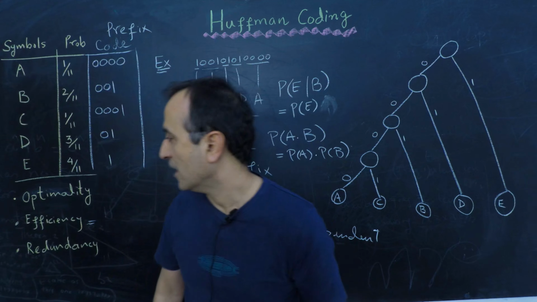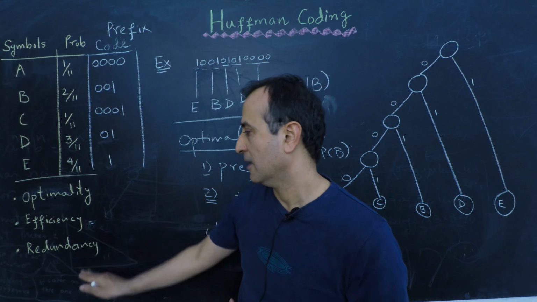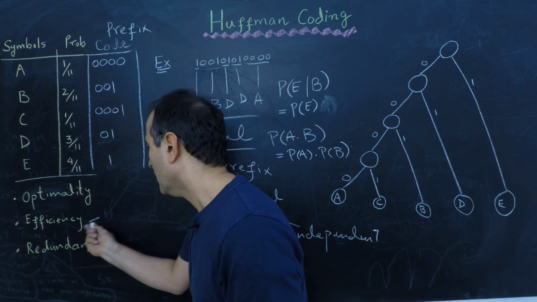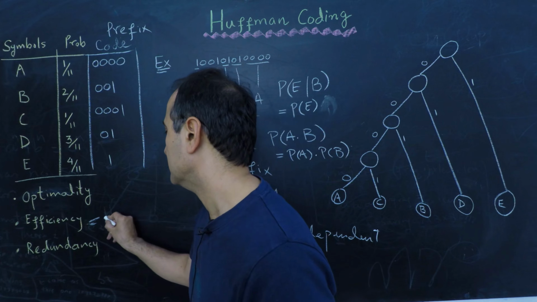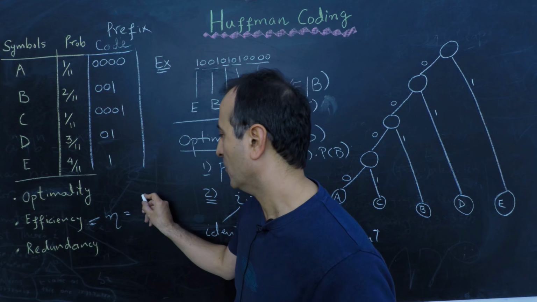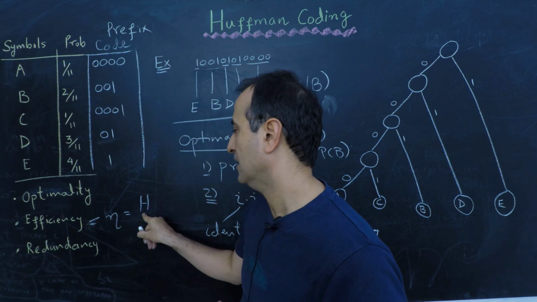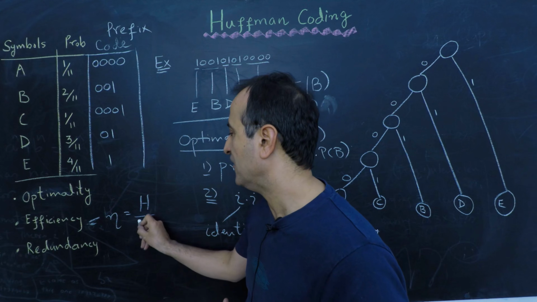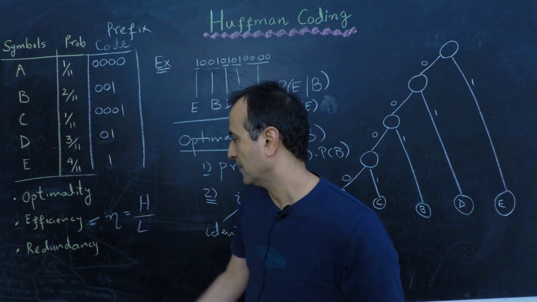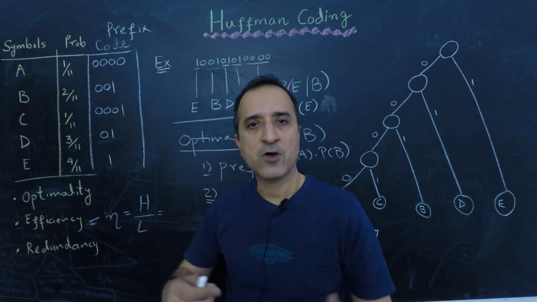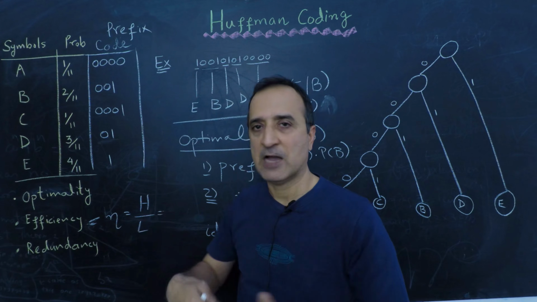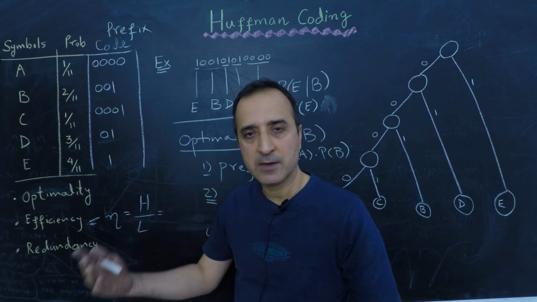Next, we have to find its efficiency and its redundancy. The formula for efficiency is entropy, which we usually represent with H, divided by the average length per symbol. I have already explained in a video the formula of entropy and what average length is, so I'm not going to repeat it here.